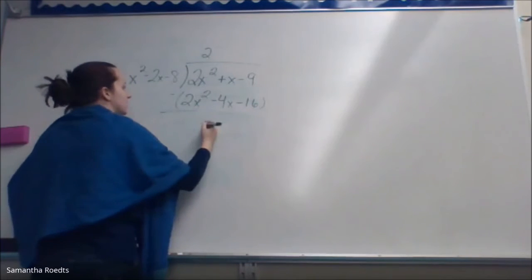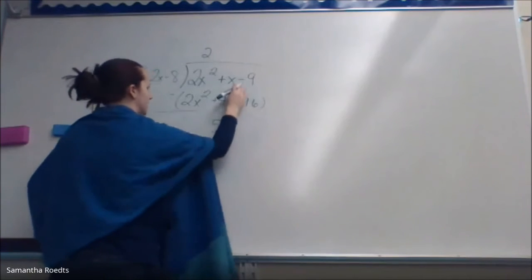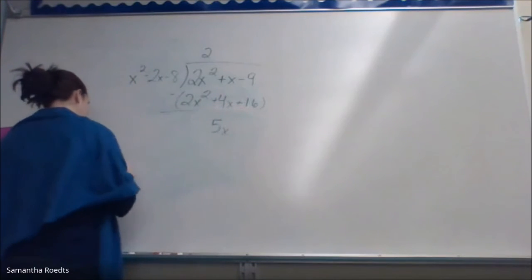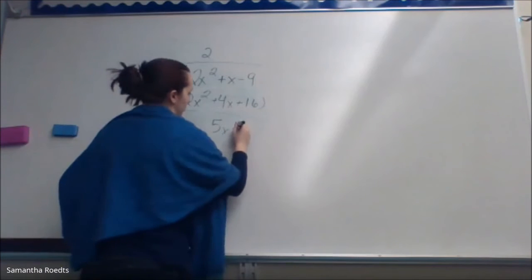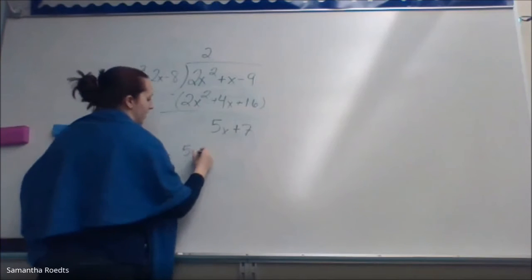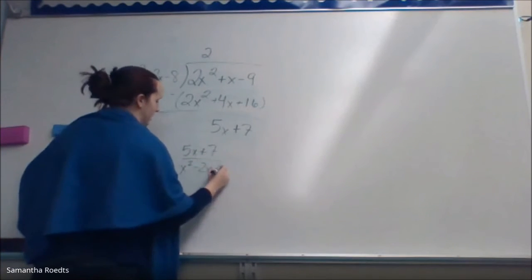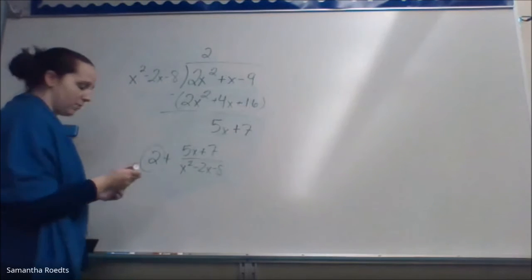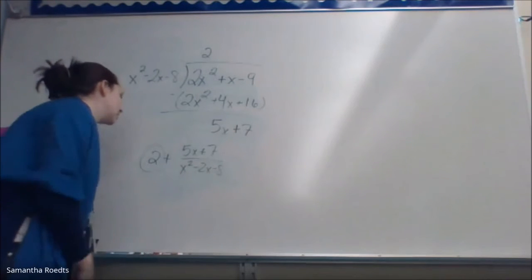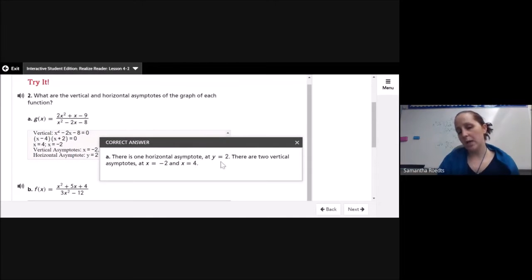Subtracting, I get 5x, and -9 plus 16 gives me plus 7. So I get 2 plus 5x plus 7 over x squared minus 2x minus 8. This 2 is what we're looking for. It tells me that I do have a horizontal asymptote at 2. So there's one horizontal asymptote at y equals 2, and there are 2 vertical asymptotes at x equals -2 and x equals 4.